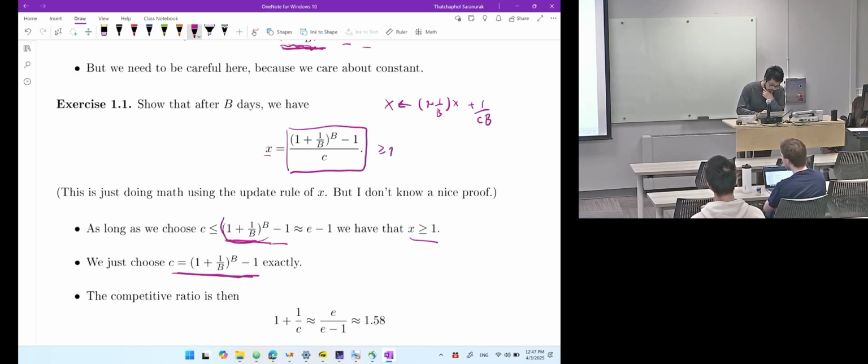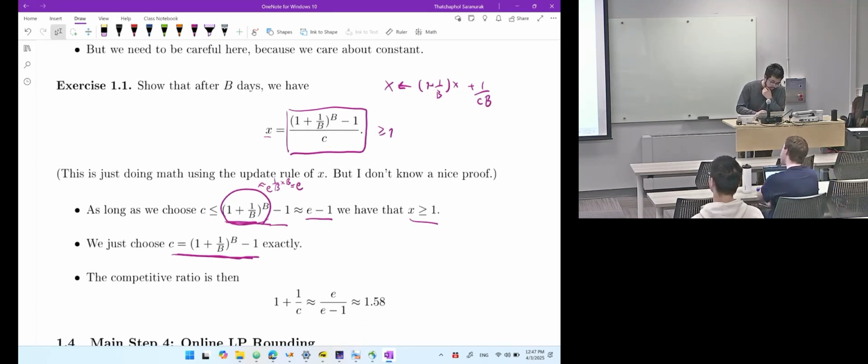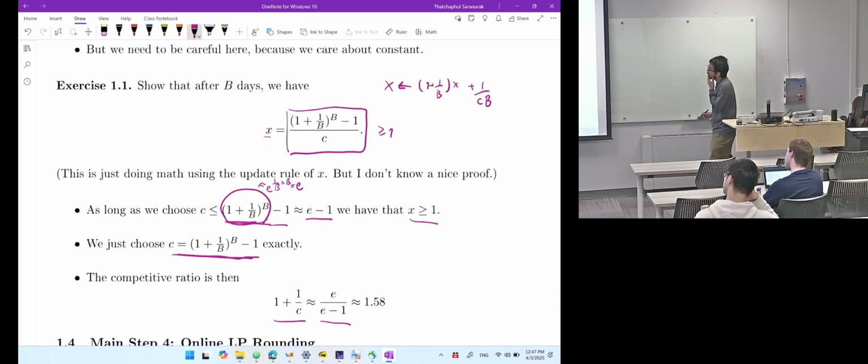This is basically, again, really close to e to the 1 over b times b, which is just e. So basically c is e minus 1. So we get that our cumulative ratio is just 1 plus 1 over c, which is e over e minus 1.